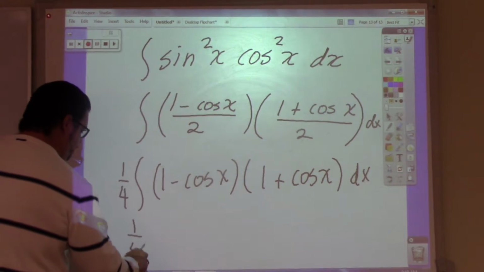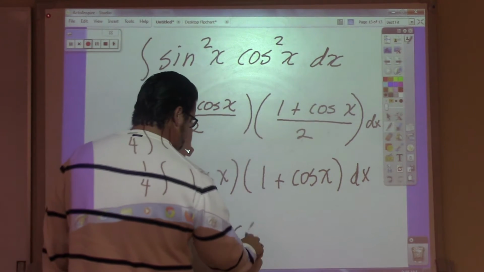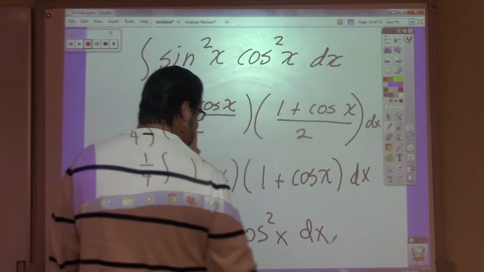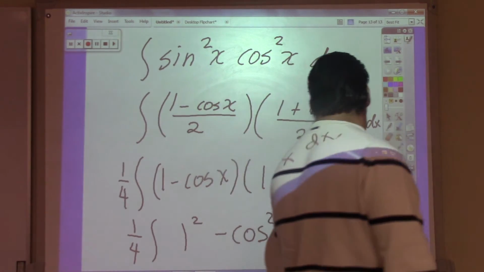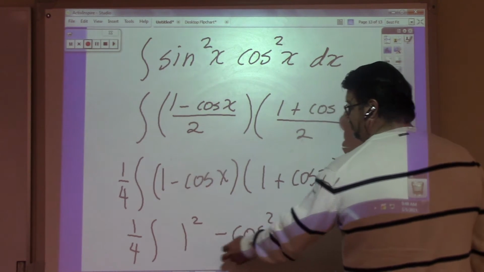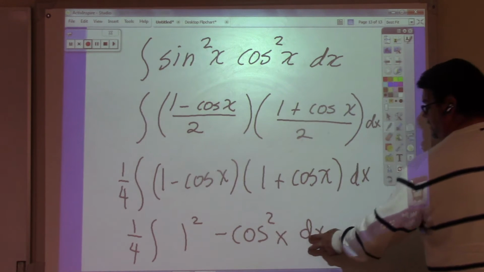1/4 antiderivative of 1 squared minus cosine squared x dx. And now what is this? Break these two up: 1 dx minus the antiderivative of cosine squared x dx.